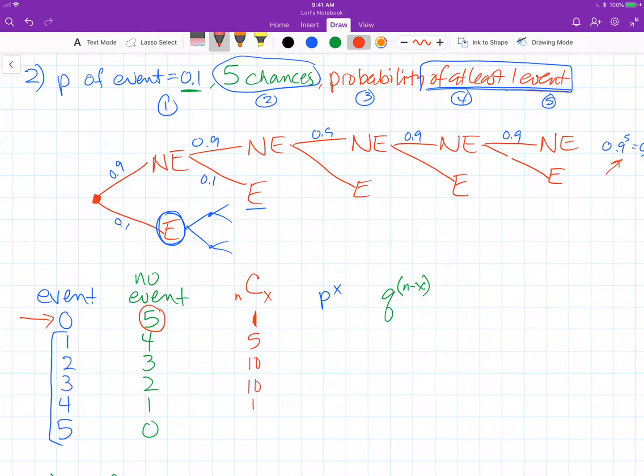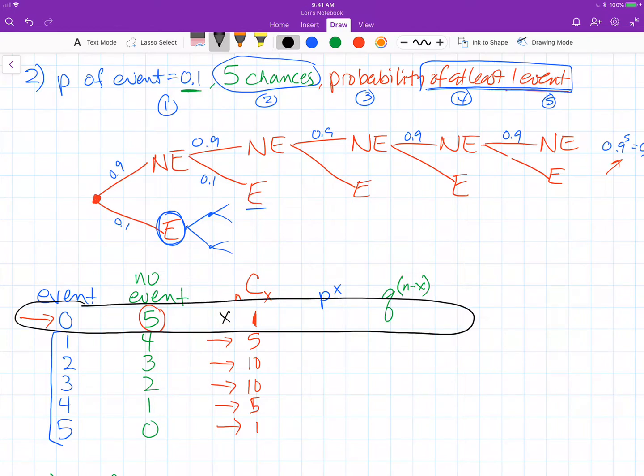And technically, you could calculate each one of these probabilities right here and add them up, or you could calculate this probability on this row and subtract it from 1. And so that's the simpler.